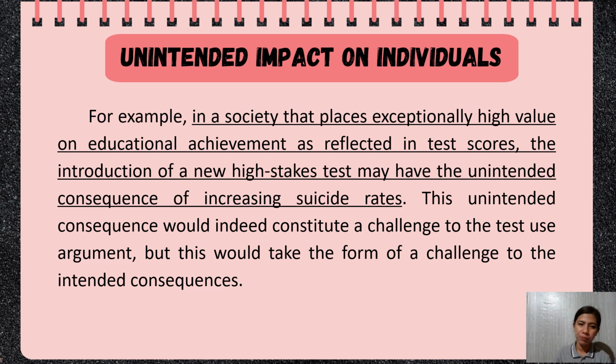For example, in a society that places exceptionally high value on educational achievement, as reflected in test scores, the introduction of a new high-stakes test may have the unintended consequence of increasing suicide rates. This unintended consequence would indeed constitute a challenge to the test use argument, but this would take the form of a challenge to the intended consequences.